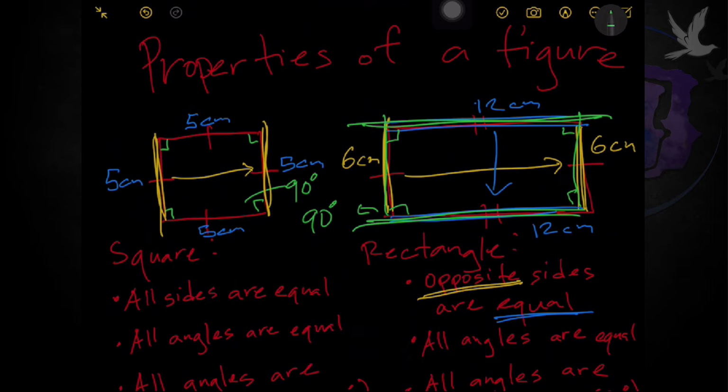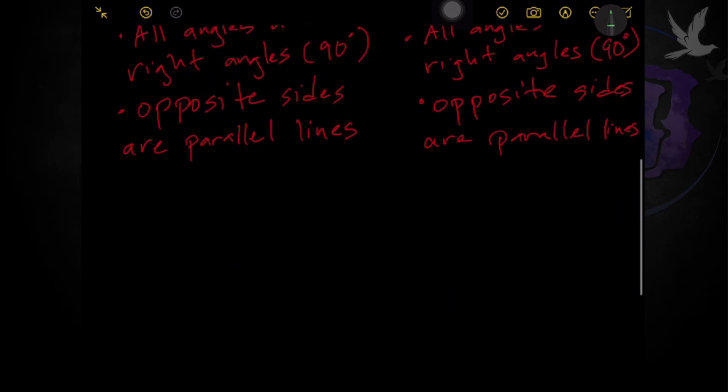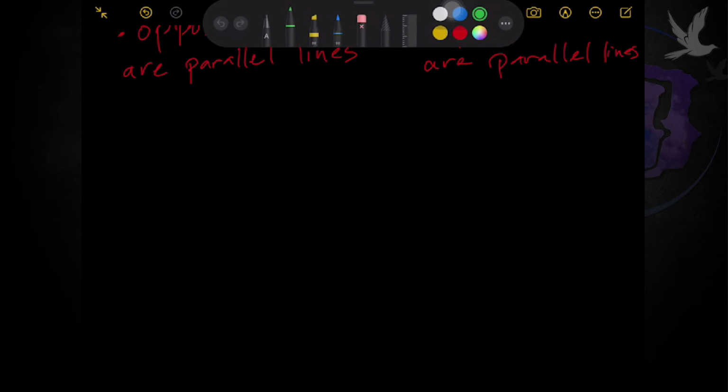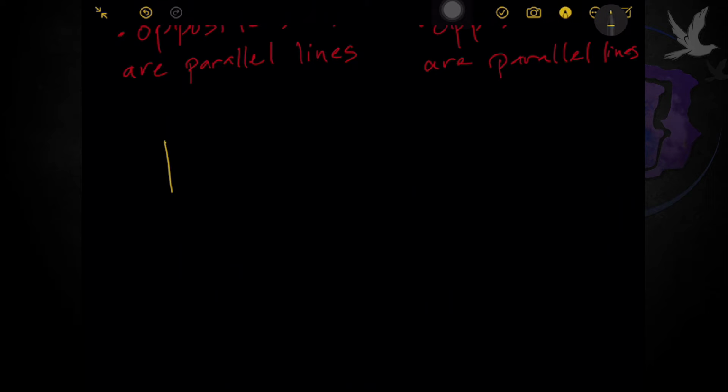So basically, how do we know the difference if a figure is a square or a rectangle? Medyo given na yan, di ba? It's quite obvious that for a square, makikita nyo talaga agad yan sa shape. Sorry for my not so perfect square, pero just to get the idea that all sides are equal, so thus we can say that this is a square.